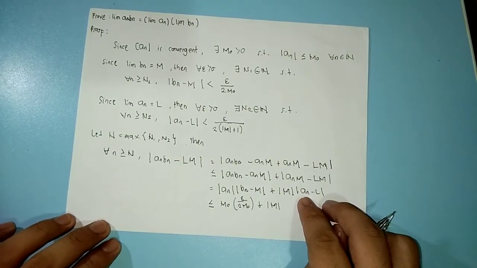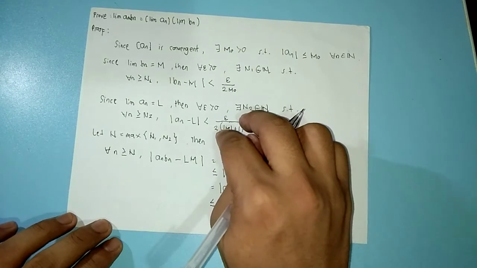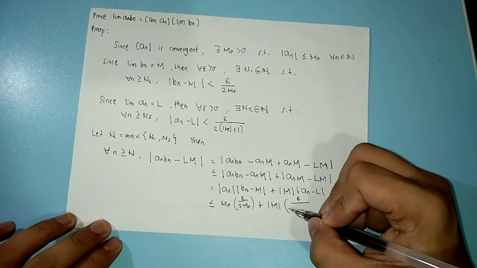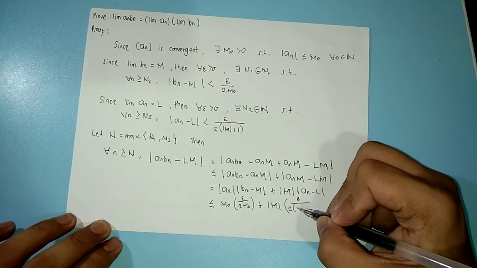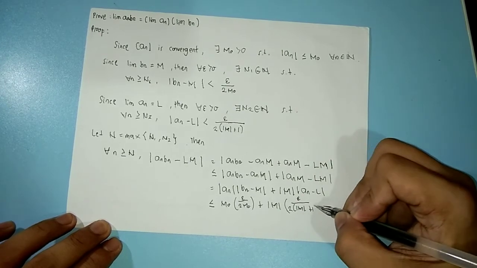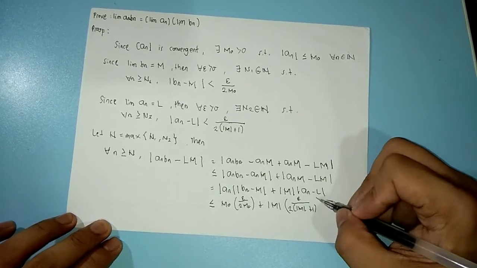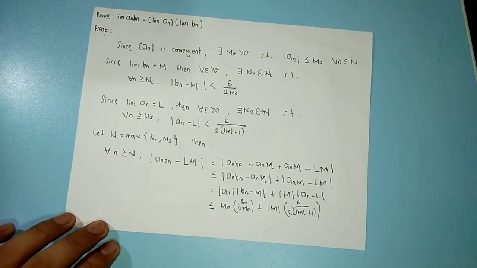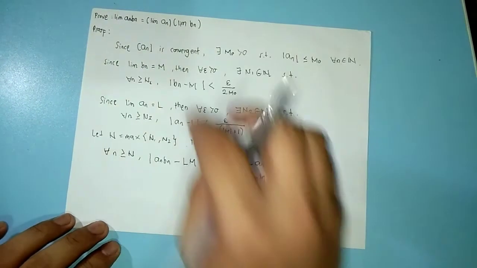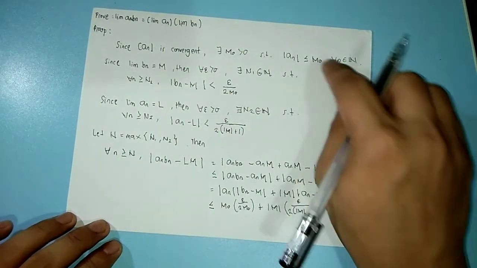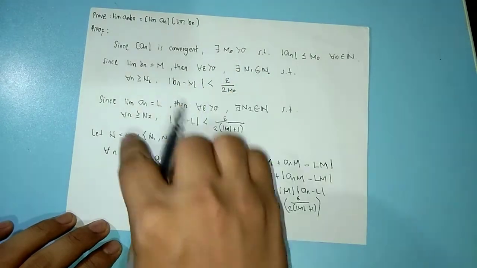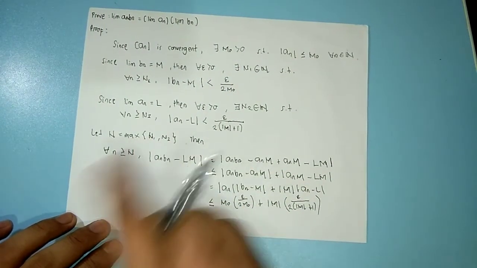Then, this absolute value of a sub n minus l is less than epsilon over 2 quantity absolute value of m plus 1. Okay? Now, as you can see, we used this and this, and the idea of this and this. We used this because of the maximum.